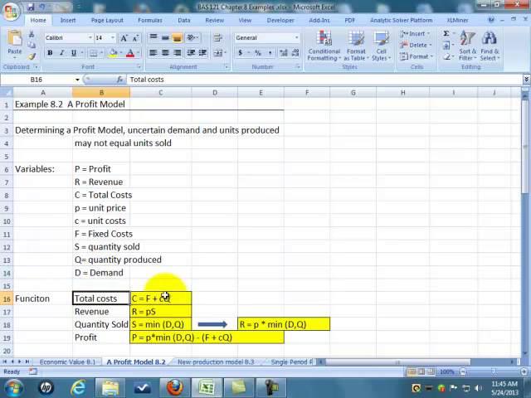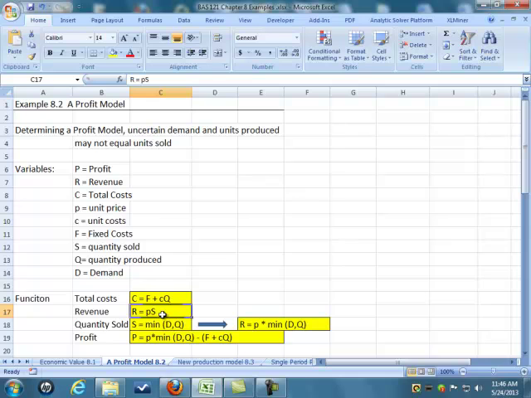So our total cost is from BAS 120. It's our fixed costs plus our variable costs. Our variable costs are our unit costs times the quantity we produced.